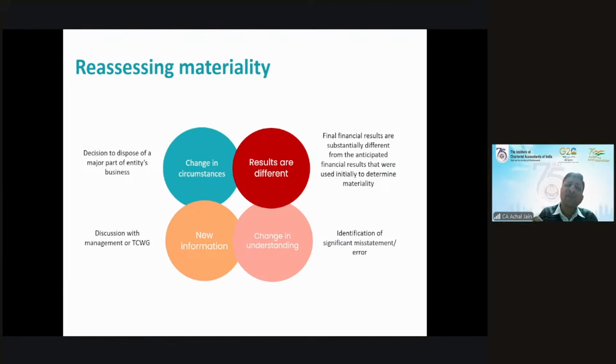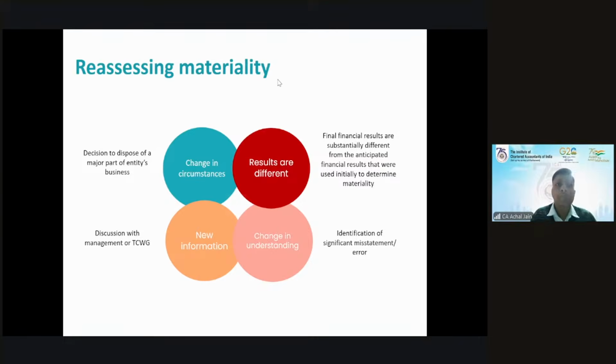It is also important that the auditor reassesses the materiality wherever that needs a change. The point is that everywhere this will not be required to be changed, and everywhere you don't keep reassessing that. But of course, if there is any factor which requires this to be increased or decreased, that should be done. That's an important part for the auditor to consider.